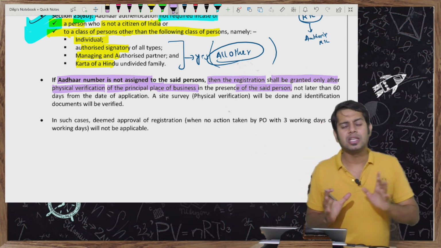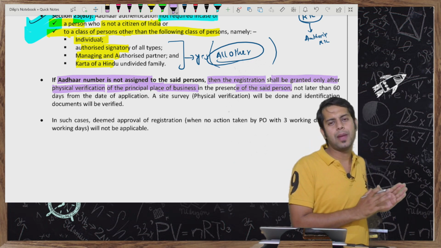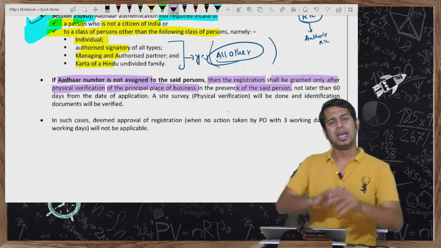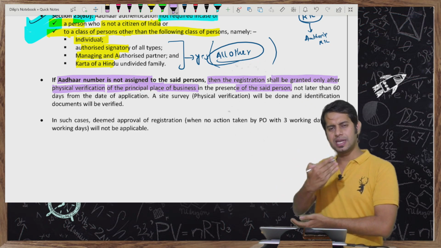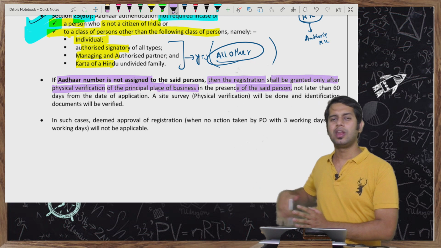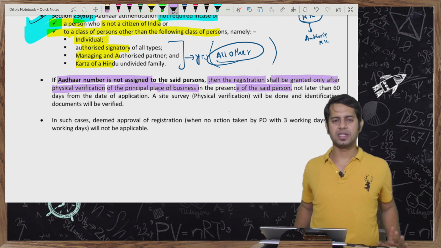Meaning, whatever place you have told them is the place from where you are doing the business, the officer will send one of his representatives to physically verify that location, and you should also be present at that place.